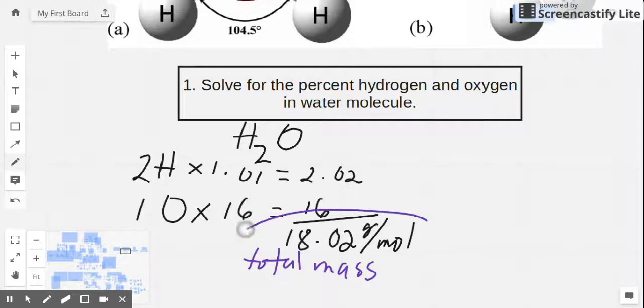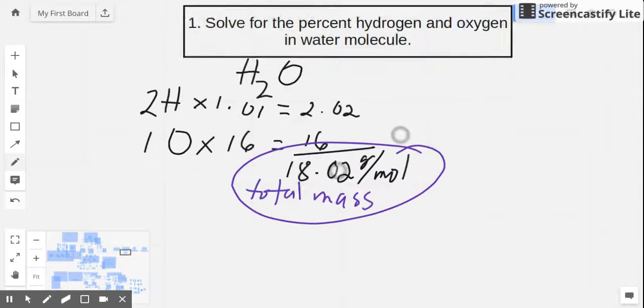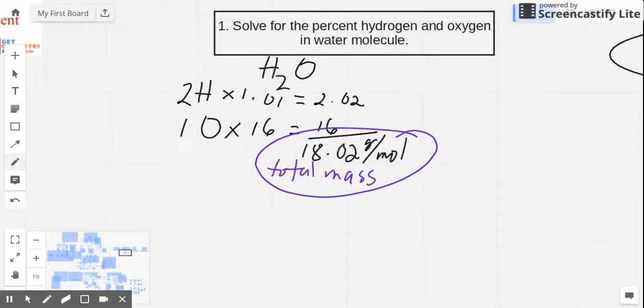So how do we now get the percent hydrogen and percent oxygen from this? Plainly, for percent hydrogen, you get the mass of hydrogen in H2O, which is 2.02 grams per mole, divided by the total mass, 18.02.